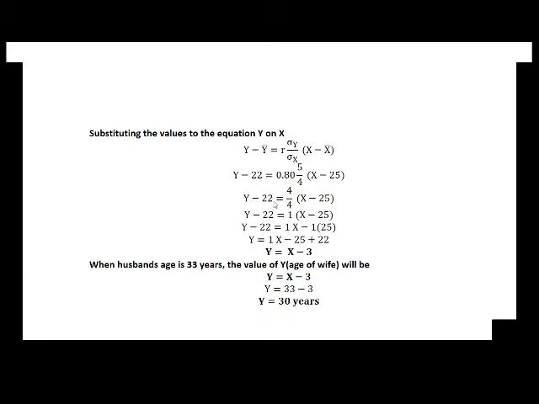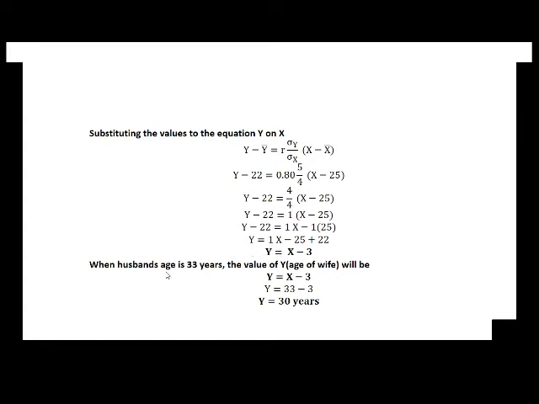Y minus 22 is equal to 4 divided by 4, x minus 25. Y minus 22 is equal to 1 into x minus 25. Y minus 22 is equal to 1 into x minus 1 into 25. Y is equal to x minus 25 plus 22. Y is equal to x minus 3. This is the regression equation y on x that should be used.